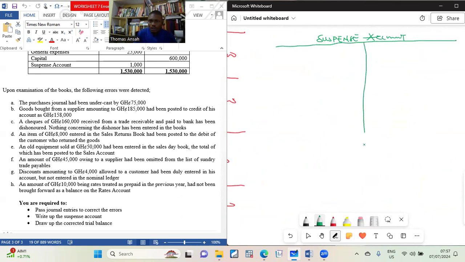So what was the balance? What was the position? 1,000 here is at the debit. So balance brought down 1,000. Then we start from the top.